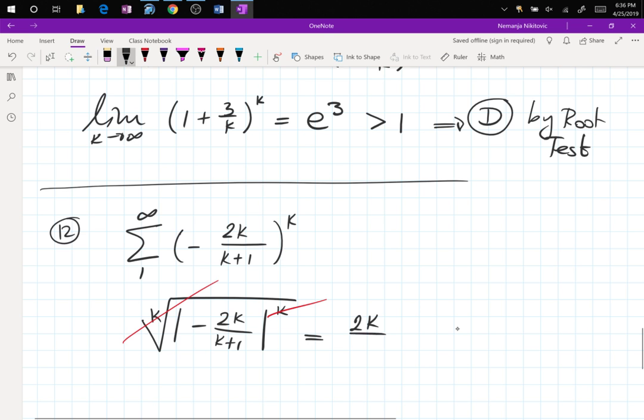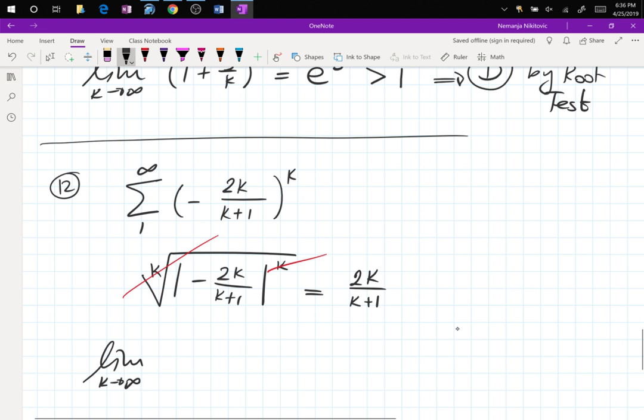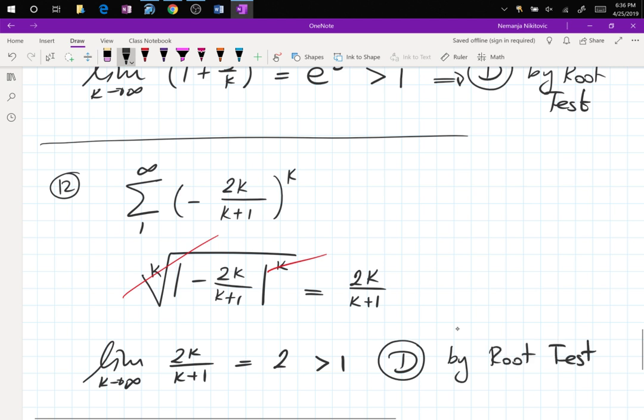So we get 2k over k plus 1. Limit k goes to infinity of 2k over k plus 1 is equal to 2, larger than 1, diverge by root test. Done deal.